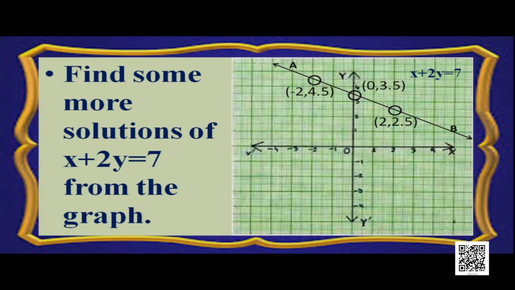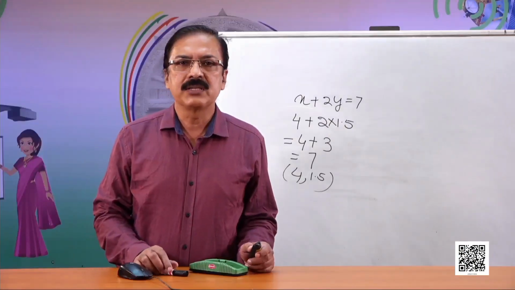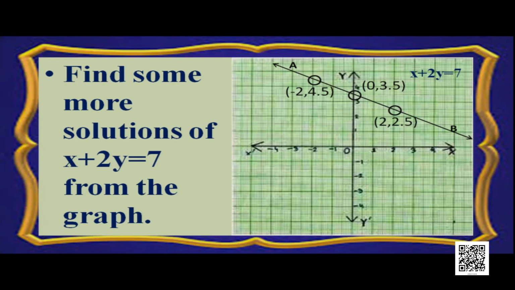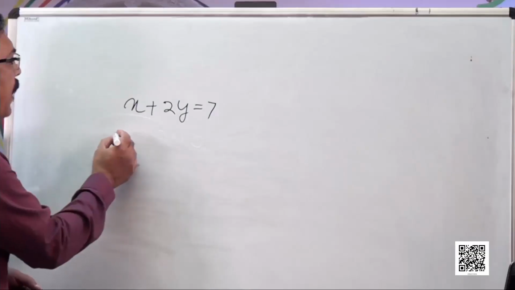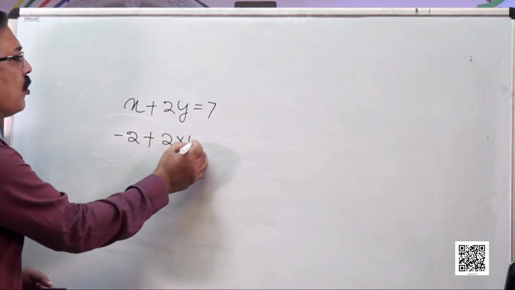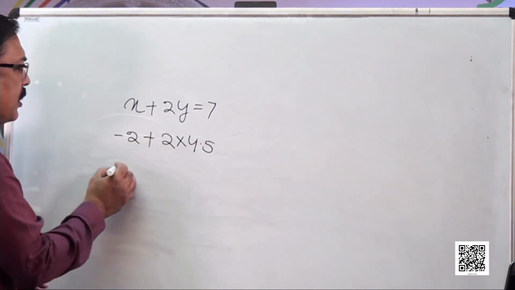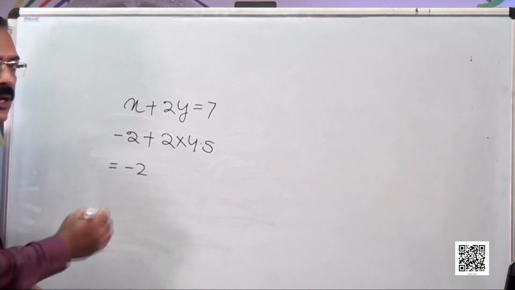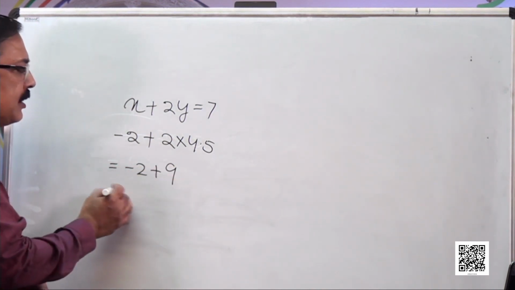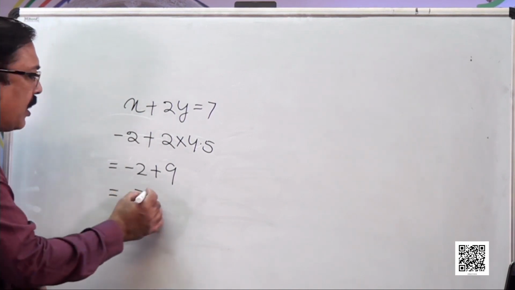Now let's have a look whether these points are solutions or not. We can say minus 2 plus 2 into 4.5 gives minus 2 plus 9, that gives 7.